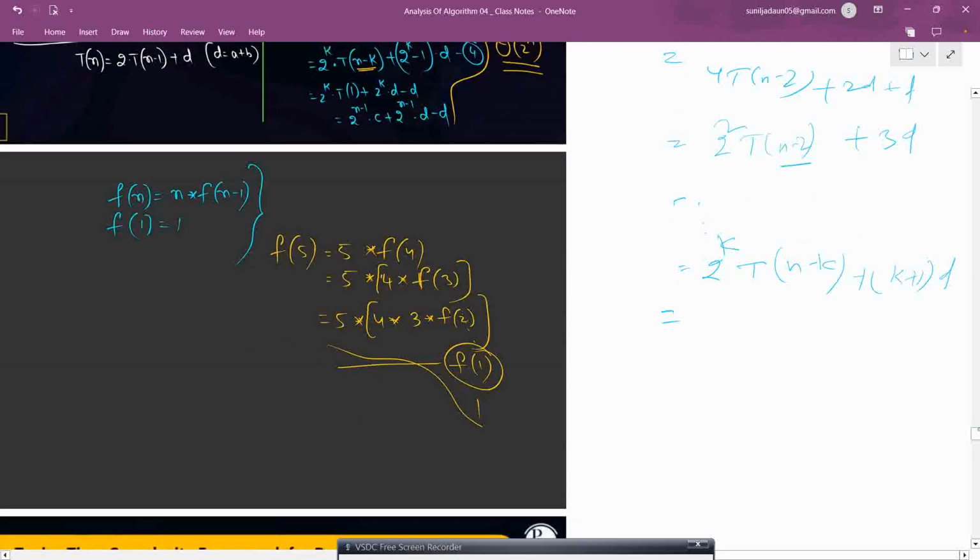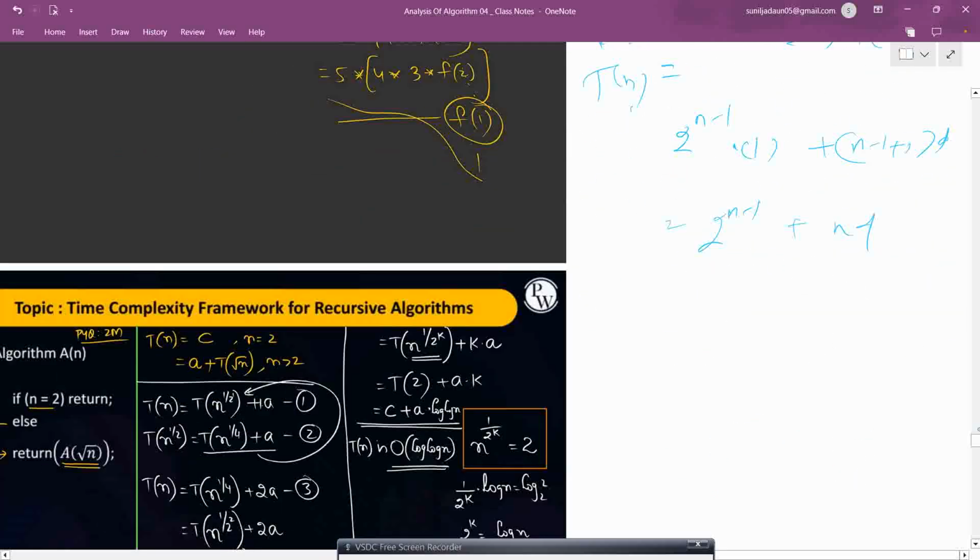Now, how can we solve that? T(n) is a function. If n minus k is equal to 1, then k is equal to n minus 1. 2 to the power n minus 1 plus (n minus 1 plus 1) into d is equal to 2 power n minus 1 plus nd. What would it be? 1 by 2 to the power n plus nd.